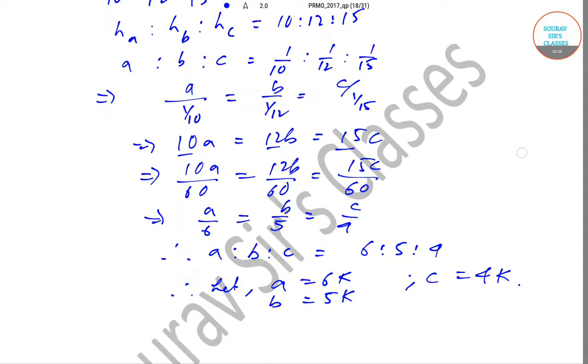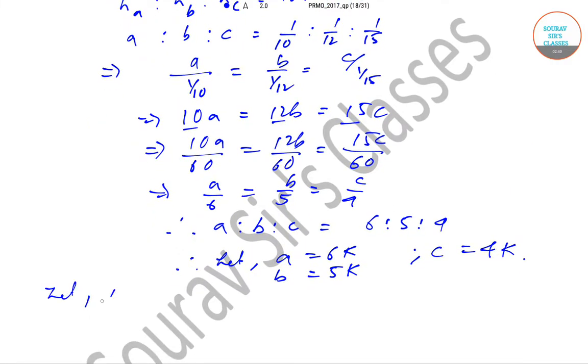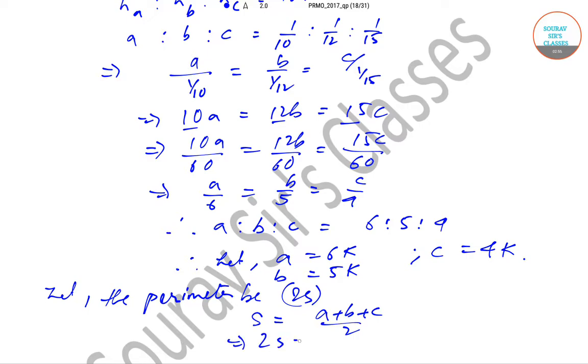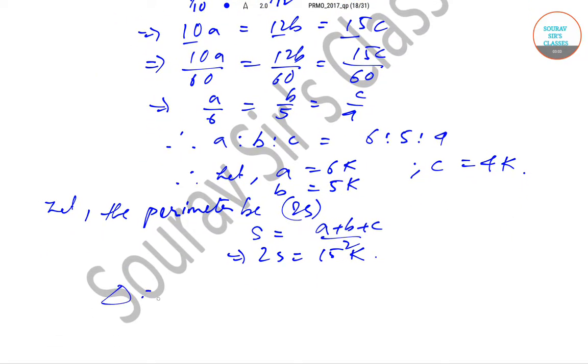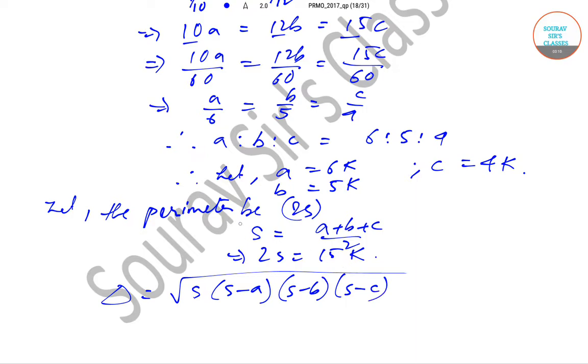So therefore let the perimeter be 2S. Now we know that S is basically given by (A plus B plus C) by 2. So therefore our 2S will be equal to A plus B plus C, which will be equal to 15K. Now we know that area of a triangle is given by root over S into (S minus A) into (S minus B) into (S minus C), where S is equal to (A plus B plus C) by 2.